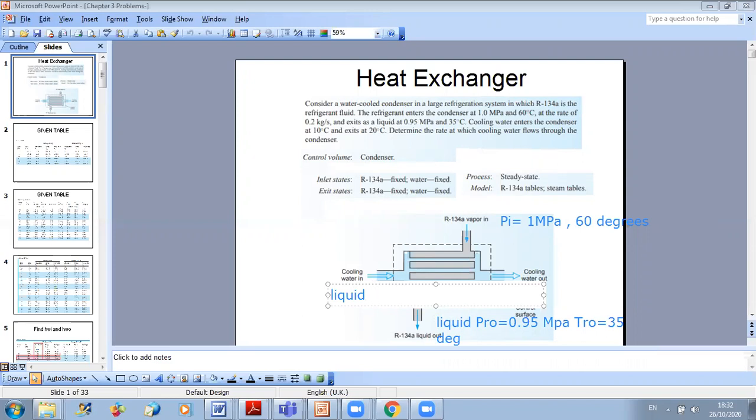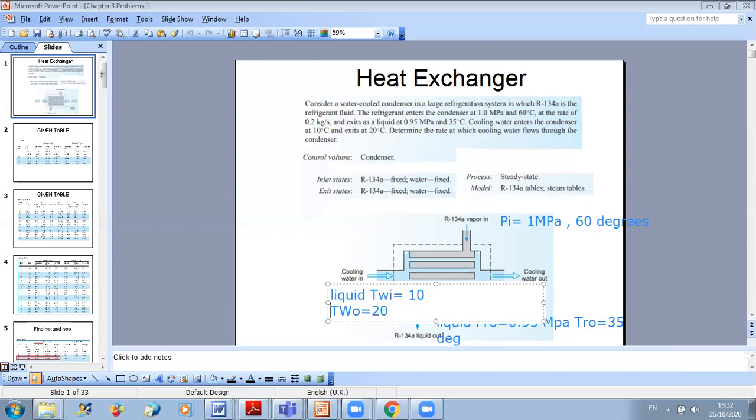So T water inlet is equal to 10, and T water outlet is equal to 20.